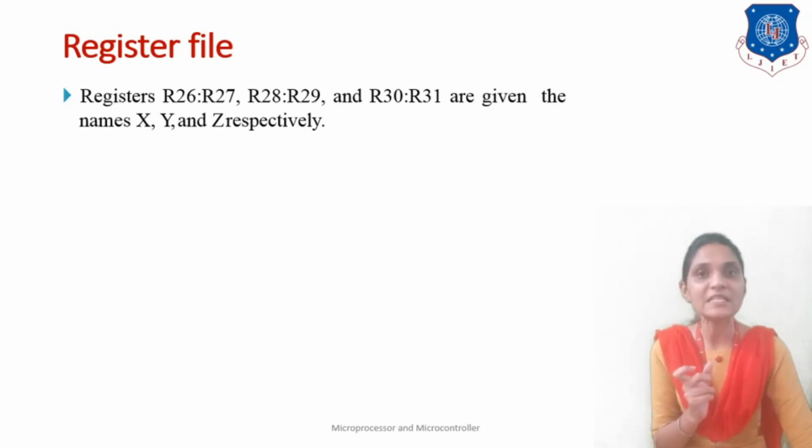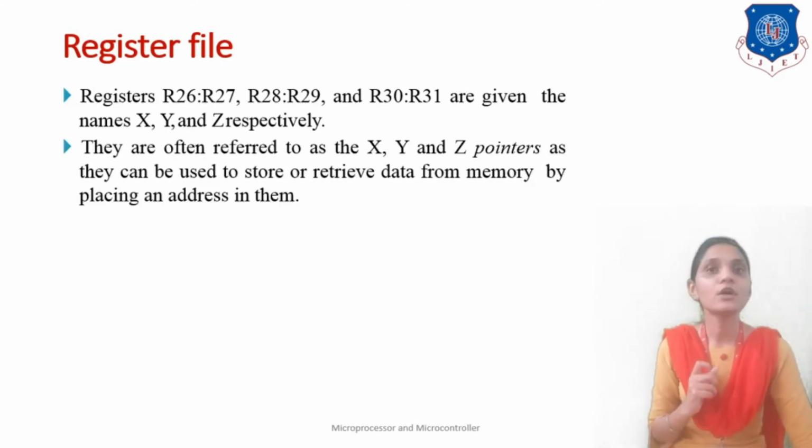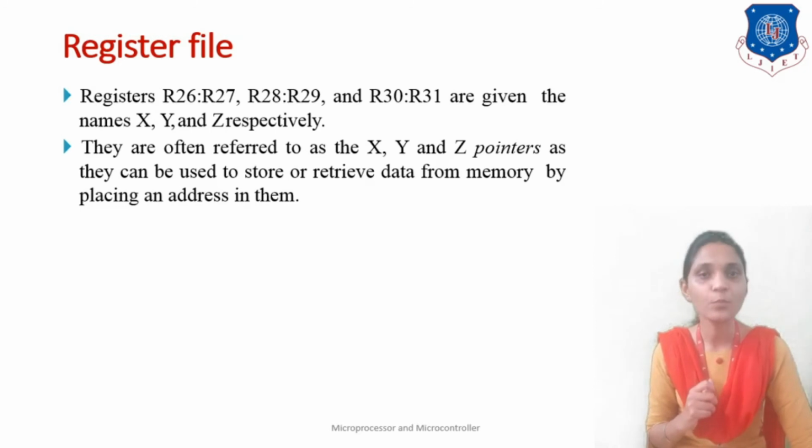That means combining registers R26 and R27, I will call it register X, R28 and R29 I will call register Y, and R30 and R31 I will call Z. They are often referred to as the XYZ pointers, as they can be used for storing or retrieving data from memory by placing the address in them. They generally contain addresses. We combine them so that our address can be 16 bit.